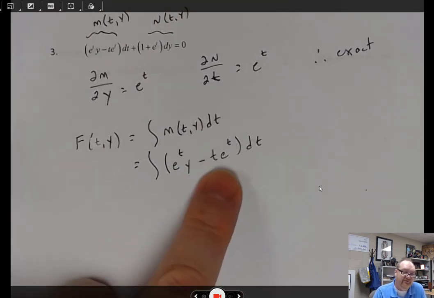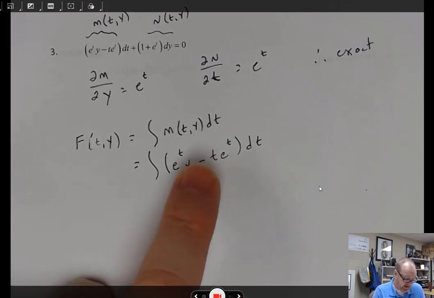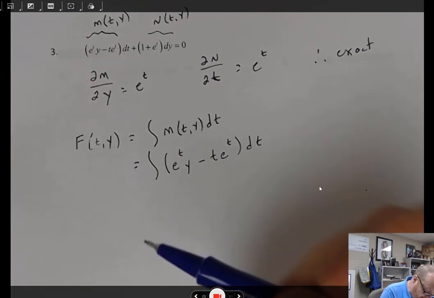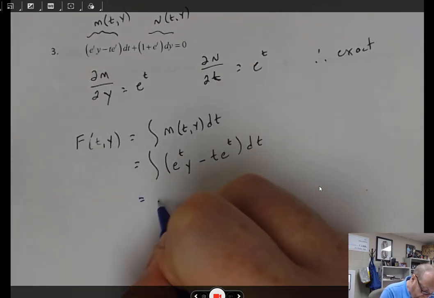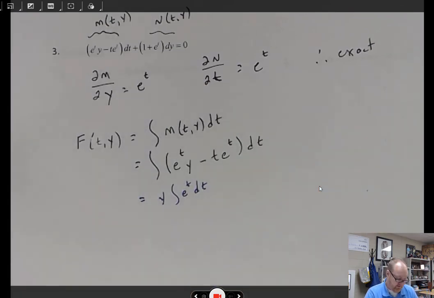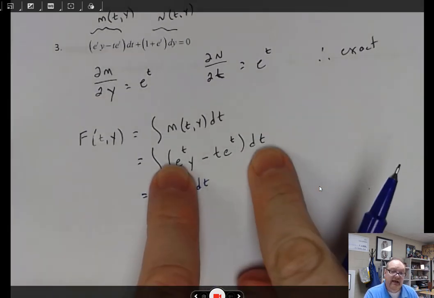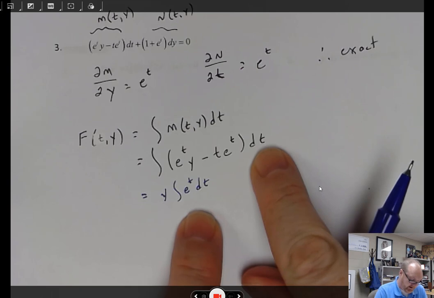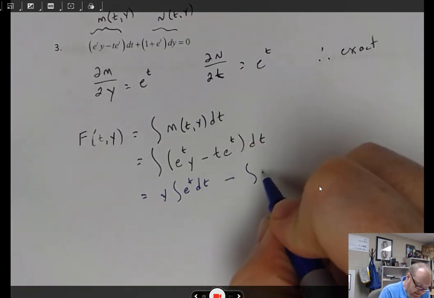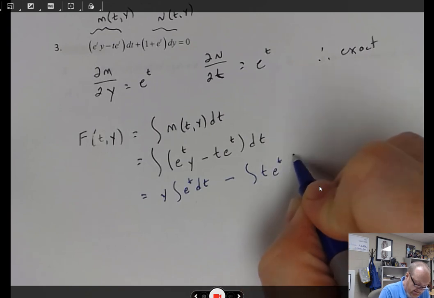So we'll need to review an idea from Cal 2 to do that. But this is essentially kind of expanded out, if you don't mind. This is a constant times that piece, right? That's e to the t dt, and I can integrate that. That's an easy formula to integrate. Minus the integral of t e to the t dt.